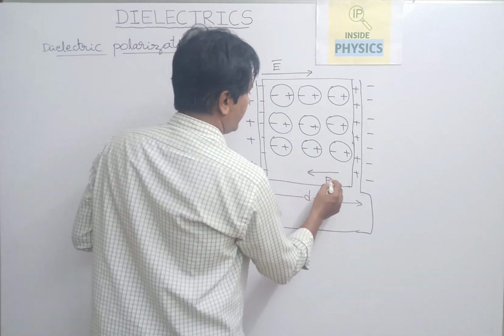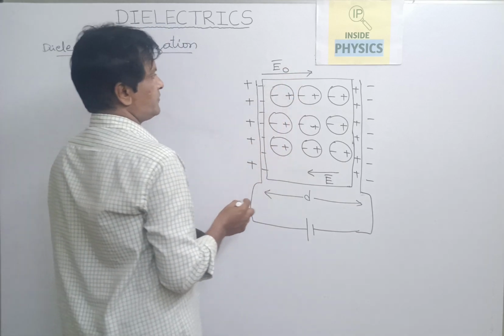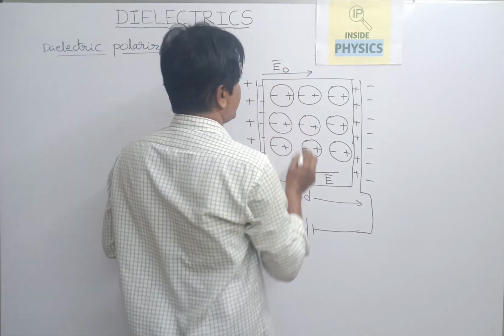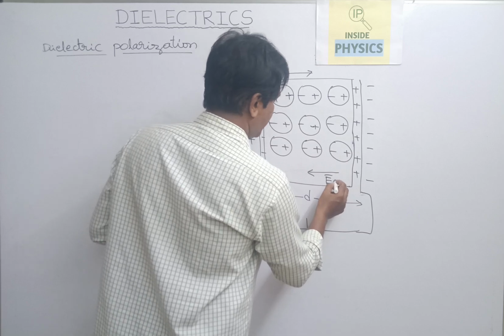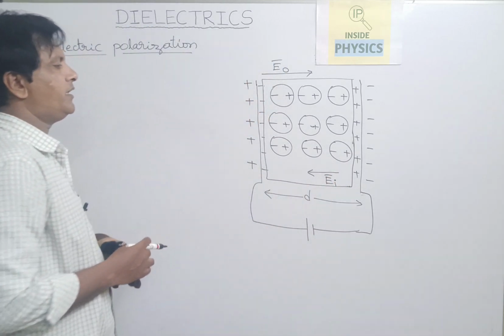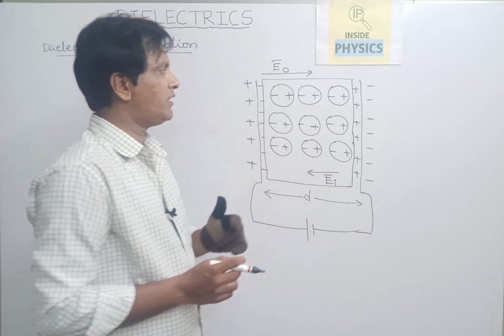This is represented by E0, that means the original electric field, the applied electric field. This internal electric field is represented by EI, the induced electric field inside the dielectric.